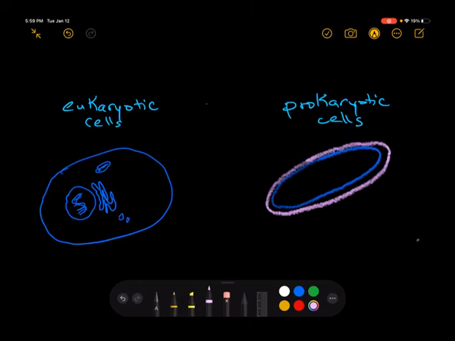It surrounds the cell membrane. So we have both a cell wall and a cell membrane in the prokaryote, but not in the eukaryote. In the eukaryote, we only have the cell membrane. This is the cell wall.